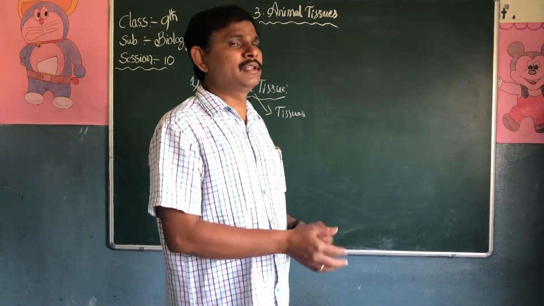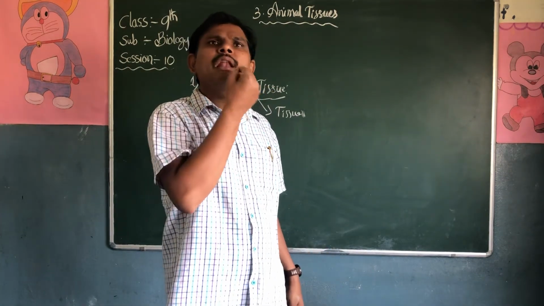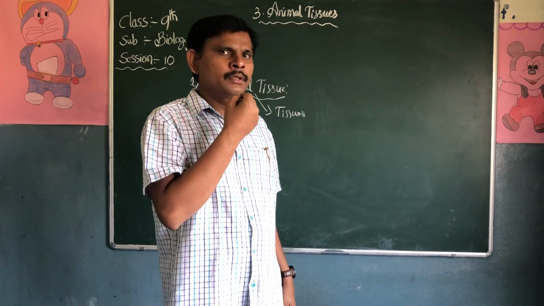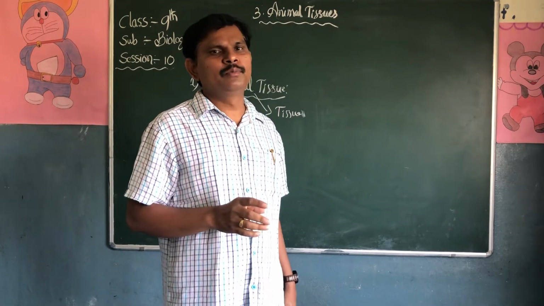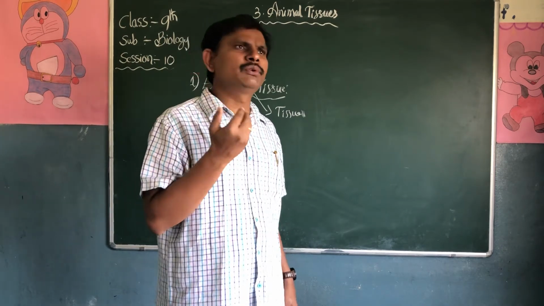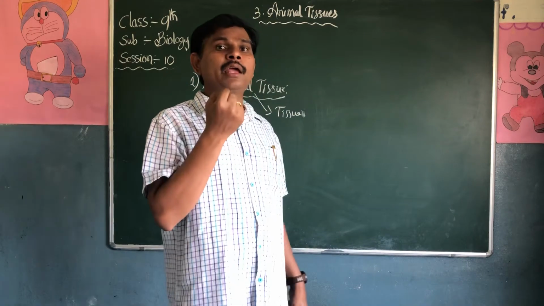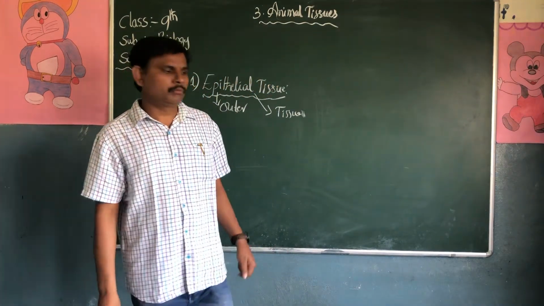In 8th class there is an activity also. Take a small amount of the inner lining of the mouth, place it on a slide, and observe it through the microscope. We can see the epithelial tissues in the inner lining of the mouth.